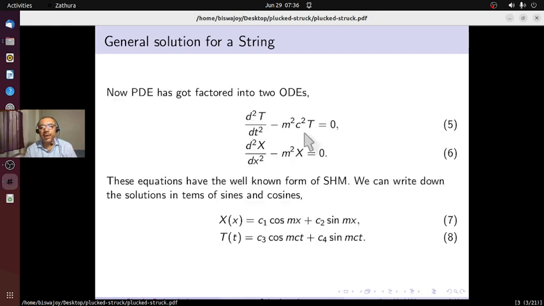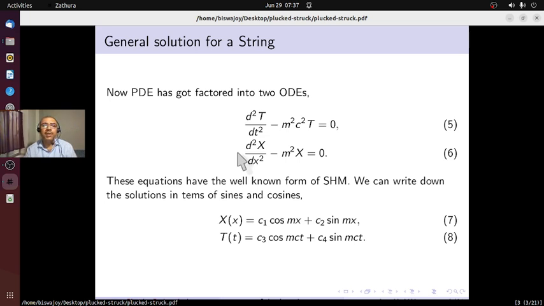These are two ordinary differential equations, and they are simple harmonic motions. This is an equation of simple harmonic motion. This is again an equation of simple harmonic motion.